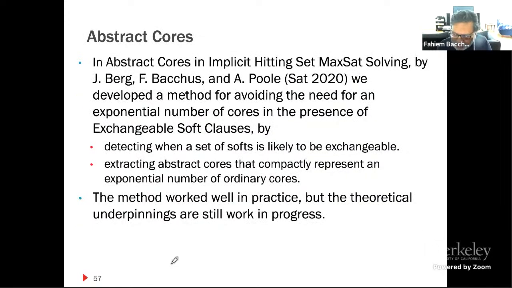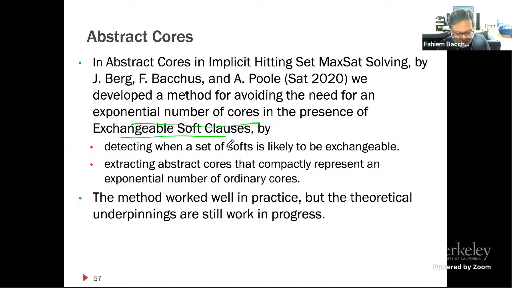Then with this idea, what we did in 2020 is we developed a method that tried to circumvent this problem of the exponential number of cores that might be required because of exchangeable soft clause sets. In particular, we exploited the fact that you will get a lot of soft clauses from this exchangeable set. And we used that idea to detect when sets of soft clauses were likely to be exchangeable.